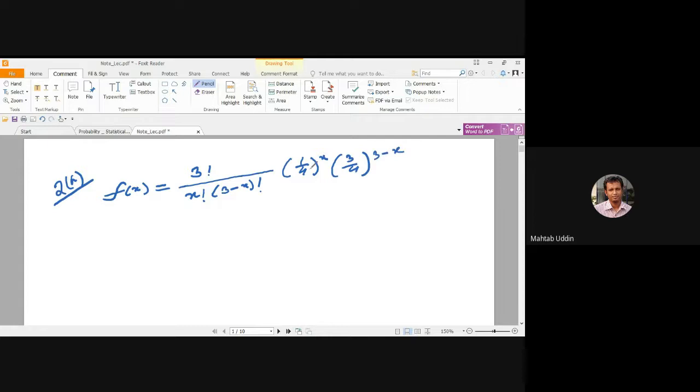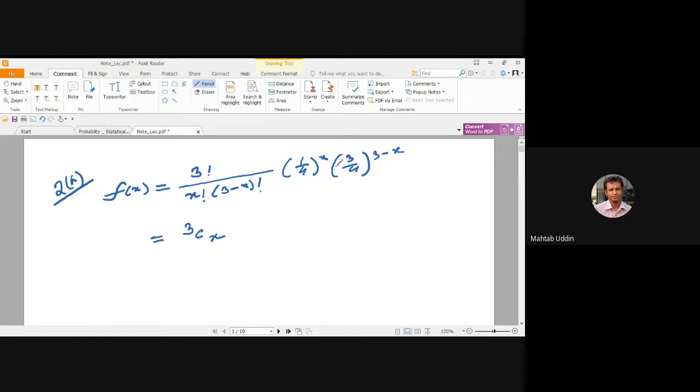Now one thing, if you give the input in this directly, then it will be tough. So we'll minimize this. Actually, this is 3 C x, the formula for combination, right?